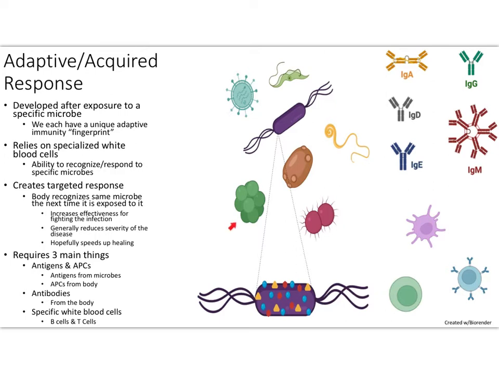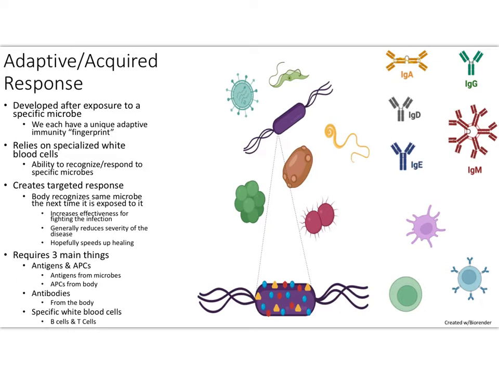Most of the time, this also helps reduce the severity of the disease because we recognize that we have seen a specific microbe before, and we are ready with specific defenses against that microbe.